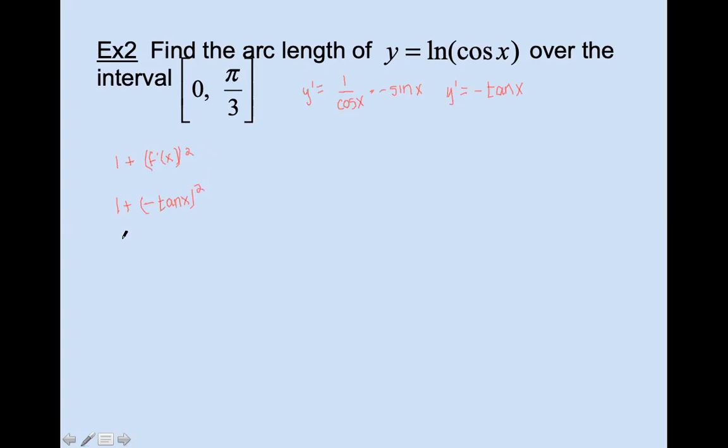And negative times negative is positive, so this turns into 1 plus tangent squared x. And hopefully you recognize that 1 plus tangent squared x is a trig identity, and it is secant squared x.